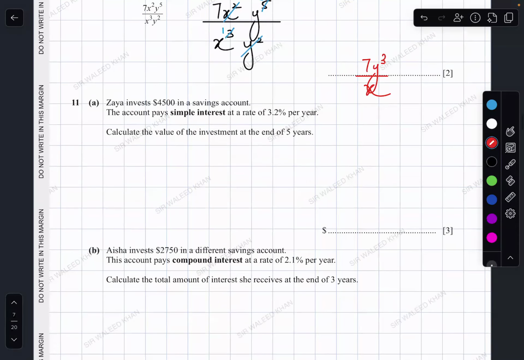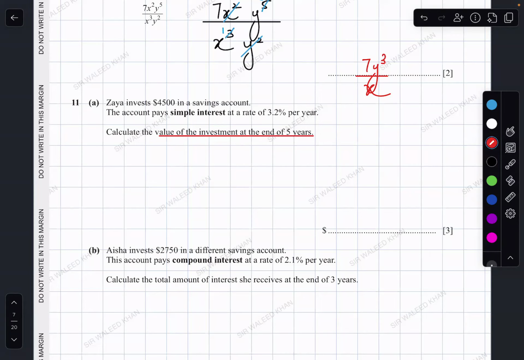Zaya invests $4,500 in a saving account. The account pays simple interest at a rate of 3.2% per year. It's not compound interest, simple interest. Calculate the value of the investment at the end of 5 years. So always, whenever you are reading an interest-related question, focus on the last statement. Value of investment at the end of 5 years.